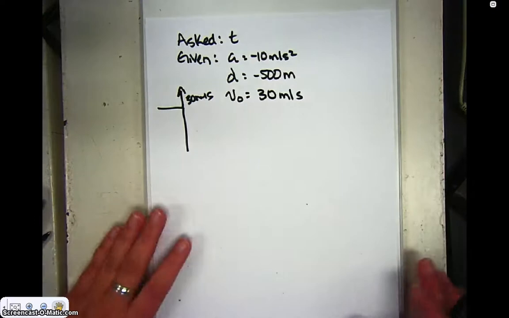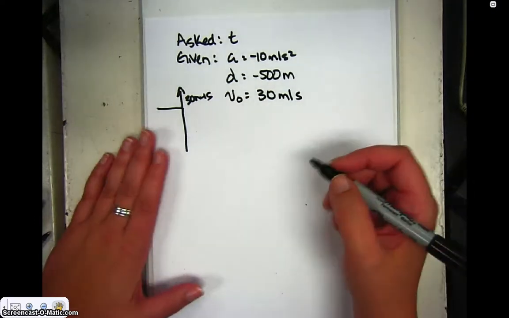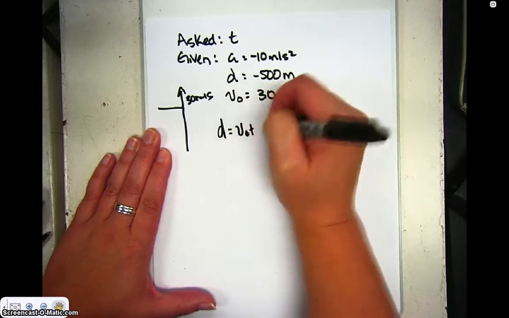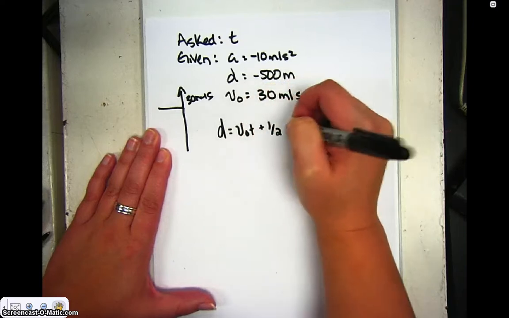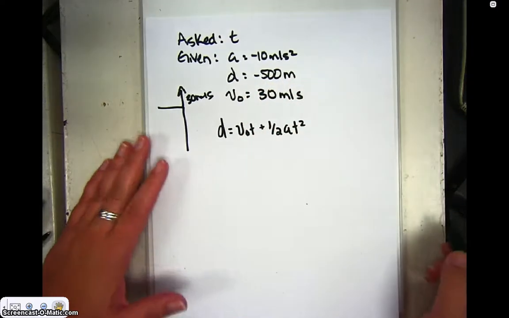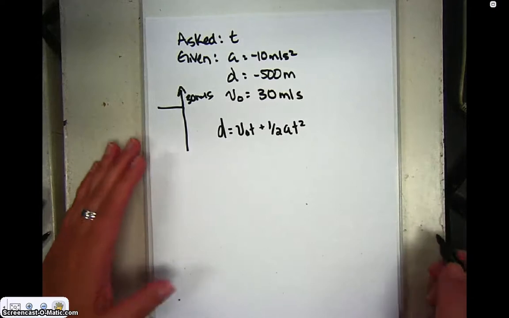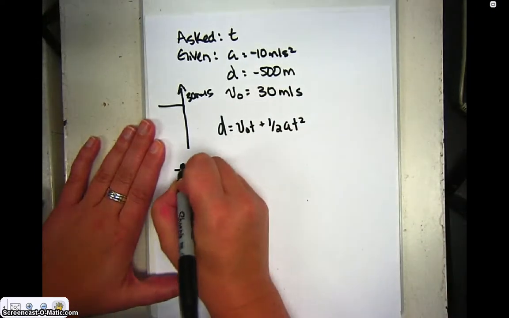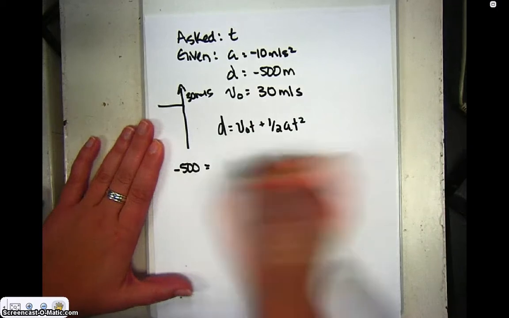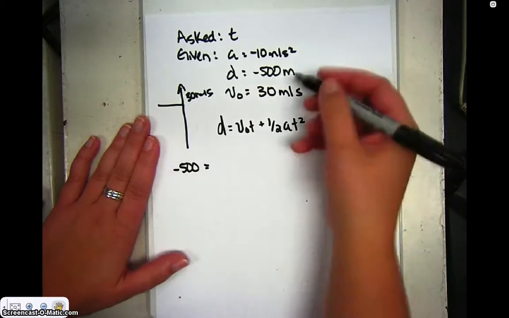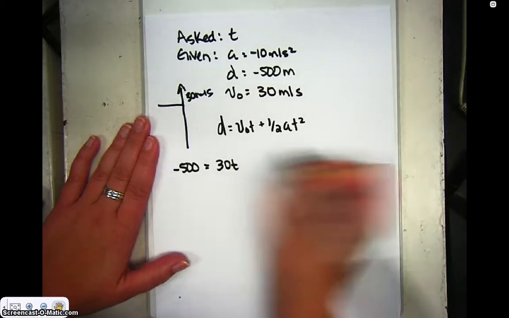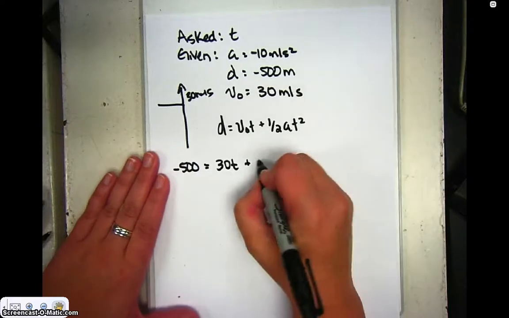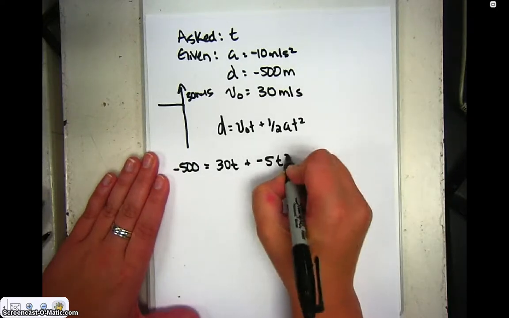Okay, so our equation that applies here is that d equals v initial t plus 1/2 a t squared. Okay, and let's go ahead and plug in our numbers. So we have negative 500 is equal, and I'm just going to ignore units right now so you can see what happens here, to 30t plus 1/2 of a, that's going to be a negative 5t squared.